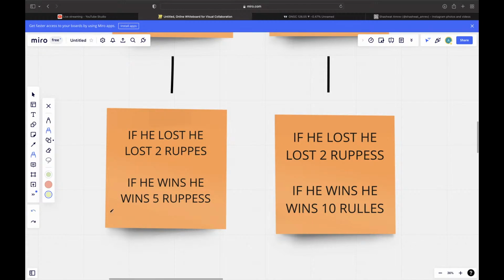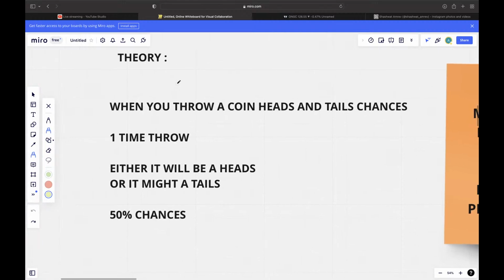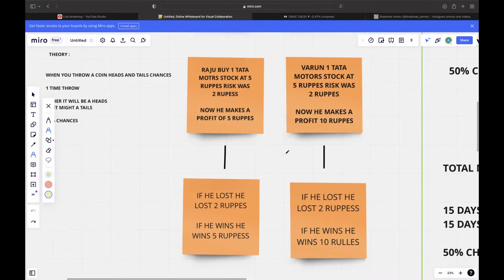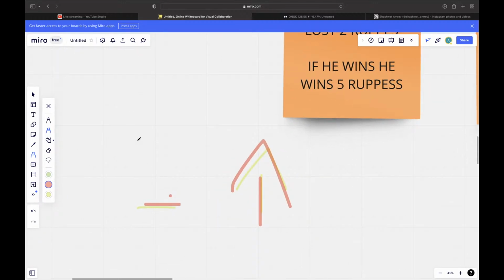So what do we learn from this? We learn a theory, that even if you are losing the same, you should make more. Like if you are losing 1, you should make at least 2 to survive. We learn this from this concept.